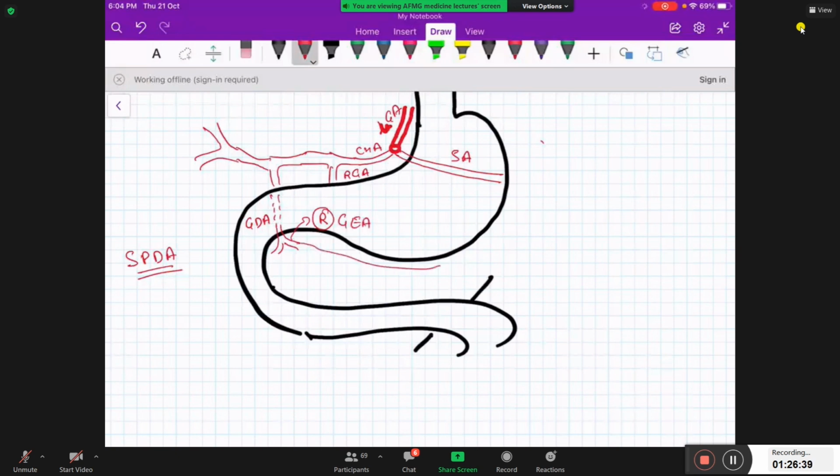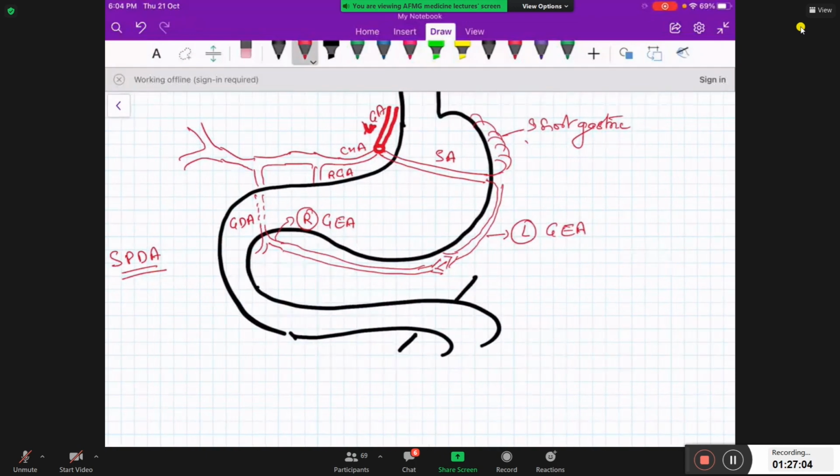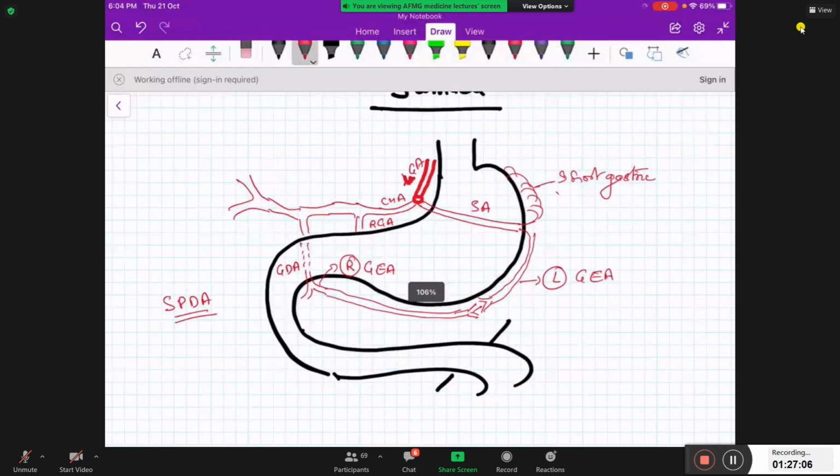So this right gastroepiploic artery runs like this. And what is this? What are these arteries? Very good. Short gastric arteries. And what is this branch? Left gastroepiploic artery. Very good.